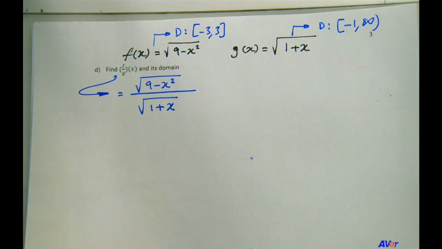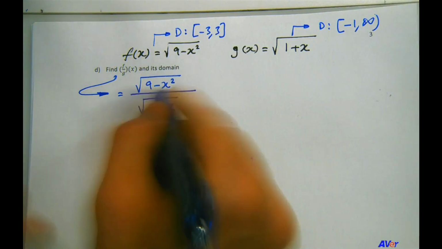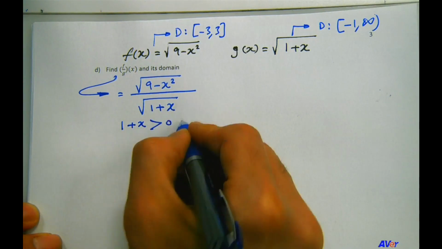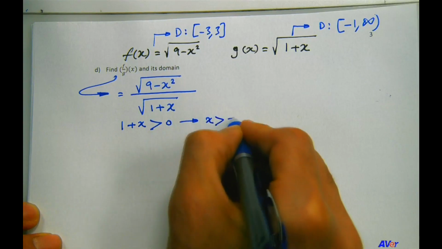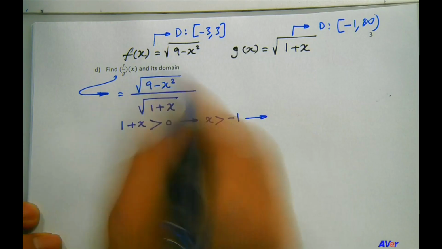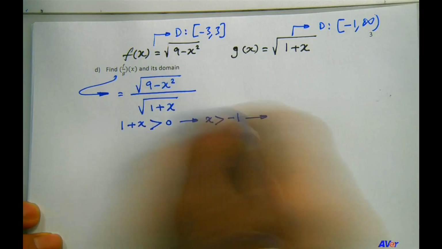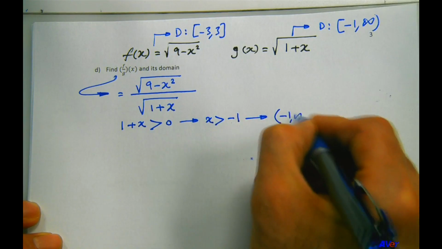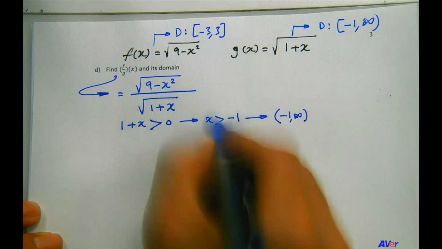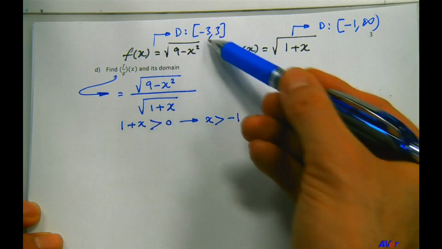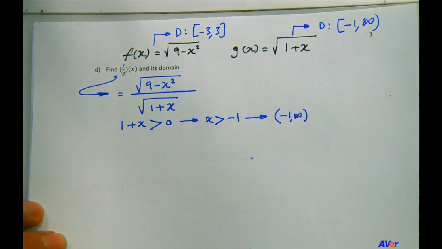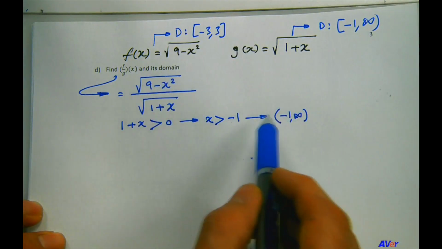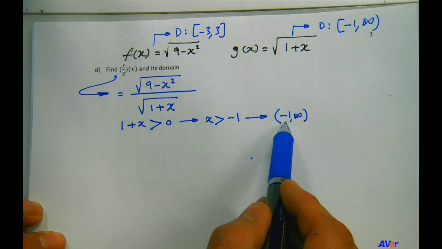So if we solve that for here, then 1 plus x must be greater than 0, not equal to 0, which means x greater than -1, or the domain here in the denominator would be parenthesis, not bracket, -1, infinity, and the domain here in the numerator would be the same thing as that, right? -3, 3. So the combined function takes the intersection of this with all of that.